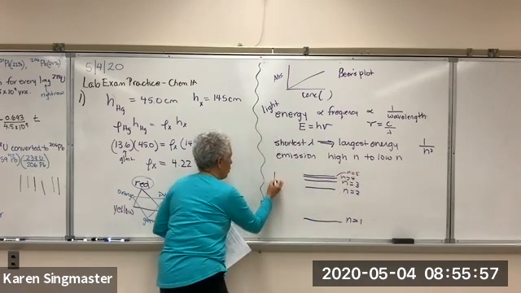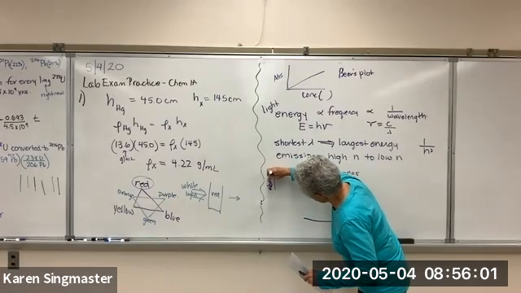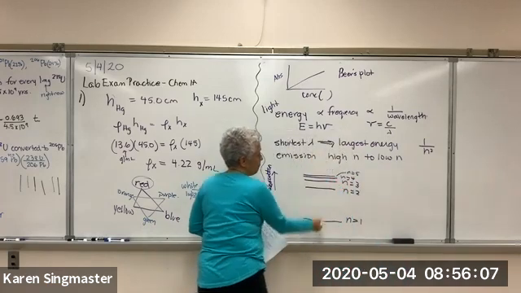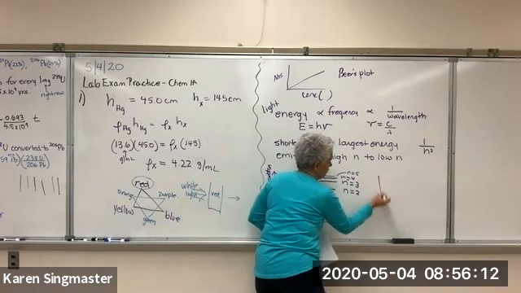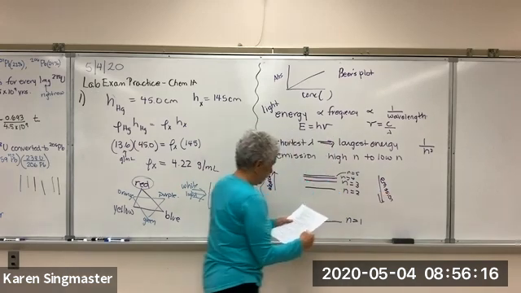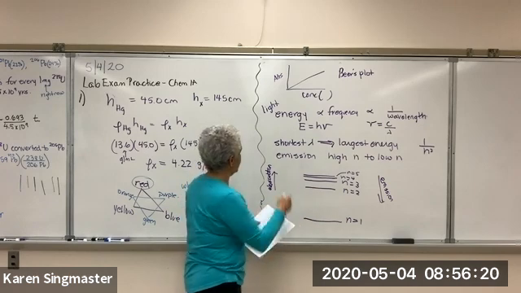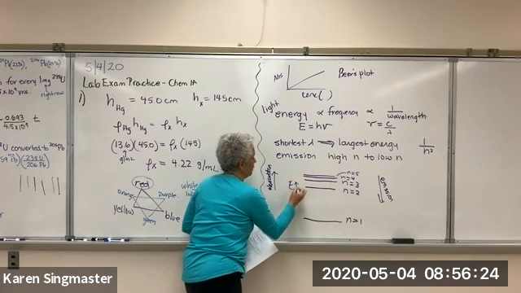Going up is absorption of energy, so you need energy to pop it up to a higher energy level, and going down is emission, right? So you're looking for the one that has the greatest difference, because this was an energy diagram, right?